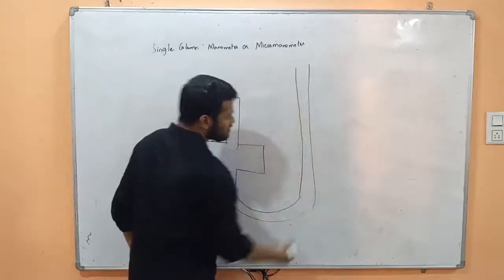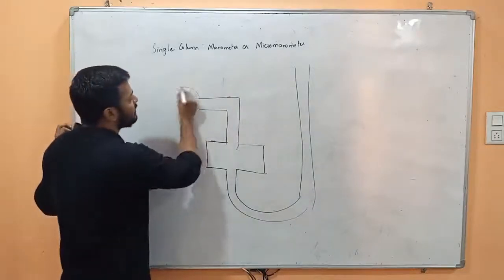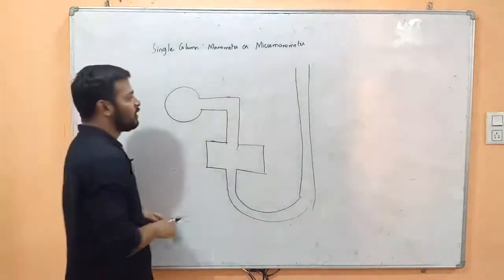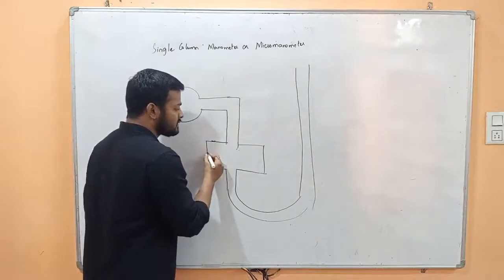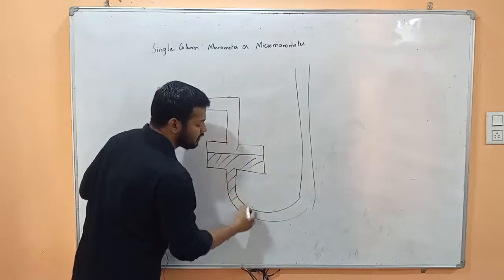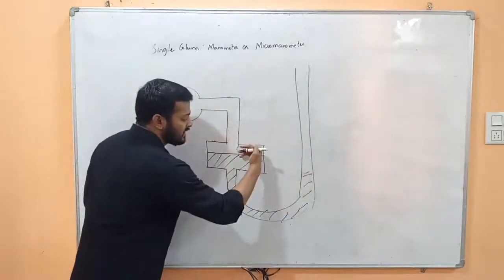So what is the advantage of this large reservoir? When you connect it to a point where the pressure is to be measured, because of this pressure the liquid in this large reservoir, that is usually mercury, will go down.